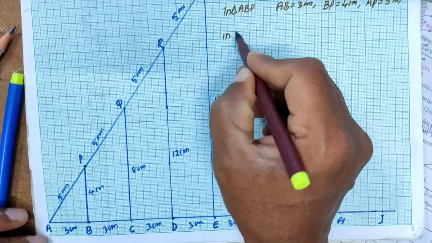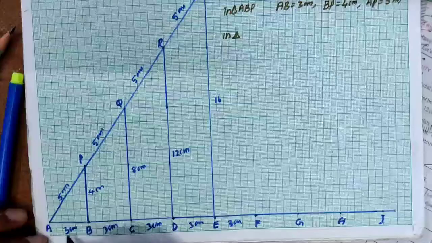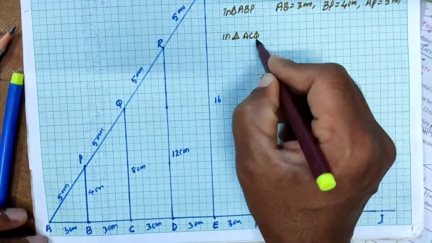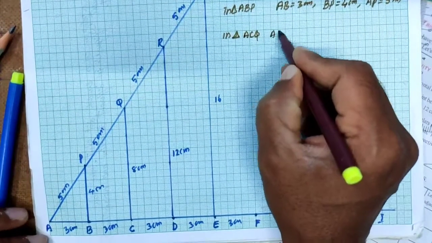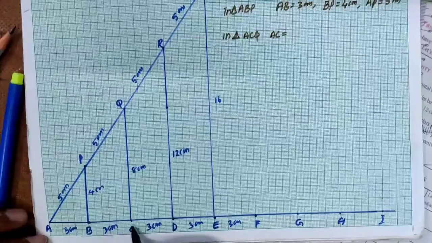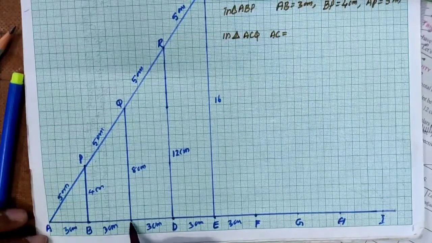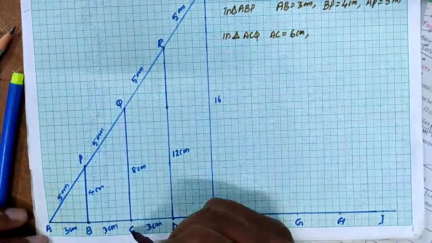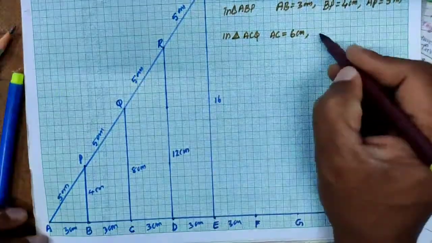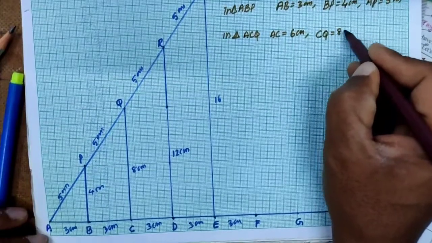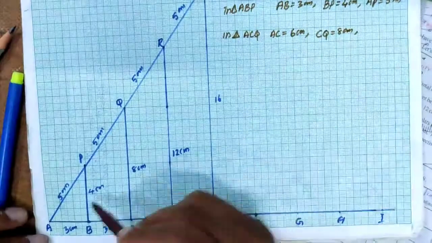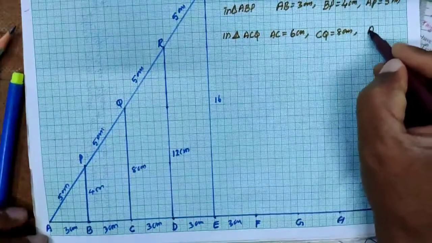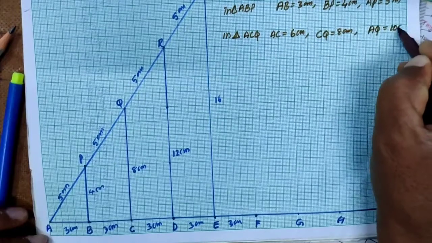In triangle ACQ, AC is 3 plus 3, so 6 centimeters, and CQ is 8 centimeters, and AQ is 5 plus 5, so 10 centimeters.